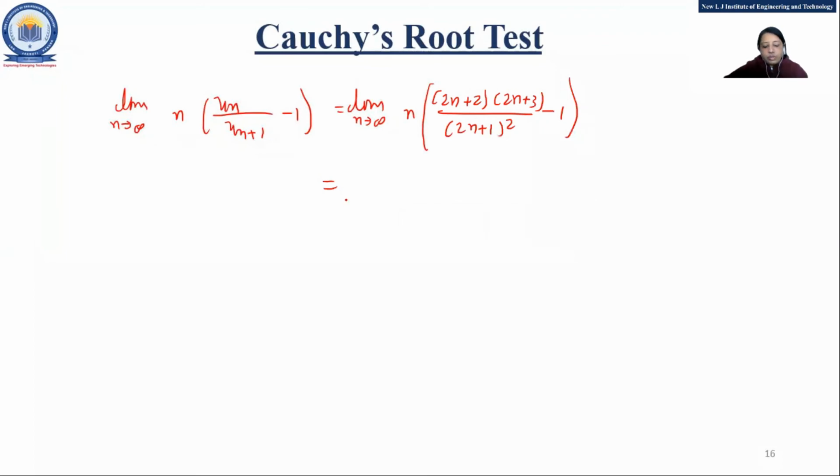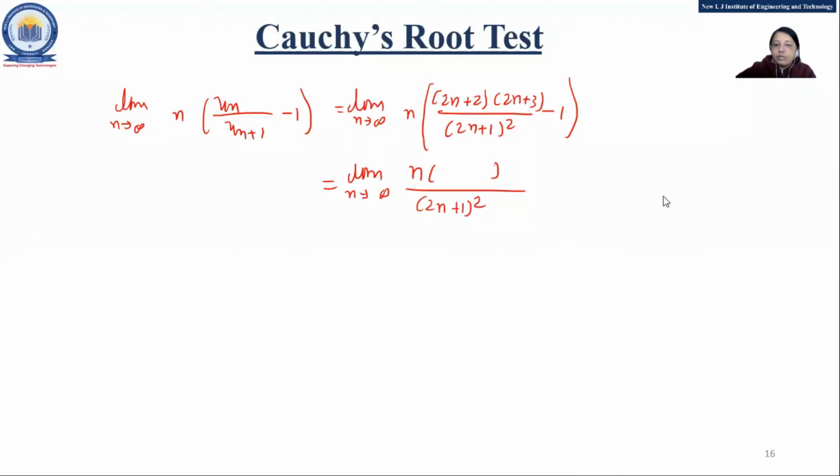So we need to solve this one. What is the answer here that I want? Don't apply the limit, just solve this one. n is also as it is. Now what should be the answer of this? Upon 2n plus 1 square. Take an LCM here and just solve it. 2n plus 2 into 2n plus 3 minus 2n plus 1 square.